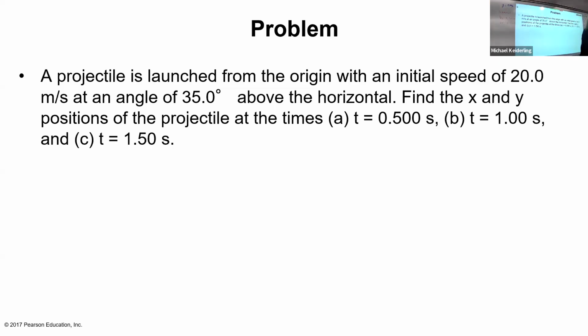So you know the initial speed, you know the initial angle. You can use those to figure out the x and y components, and then plug them into the equations of motion.